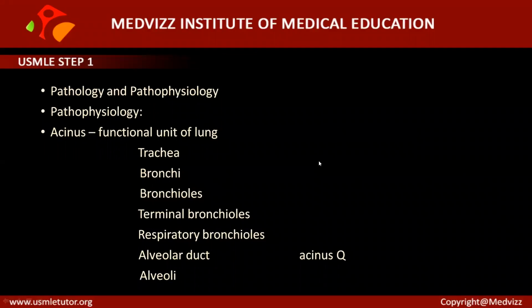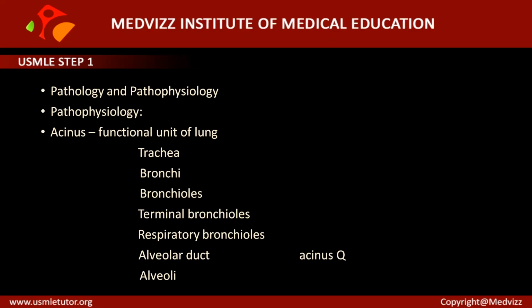Now let us see the pathology and pathophysiology. What exactly is the functional unit of the lung? If you see the overall respiratory tract, from the trachea, bronchi, bronchioles, and terminal bronchioles, respiratory bronchioles, alveolar duct, and finally we reach alveoli.